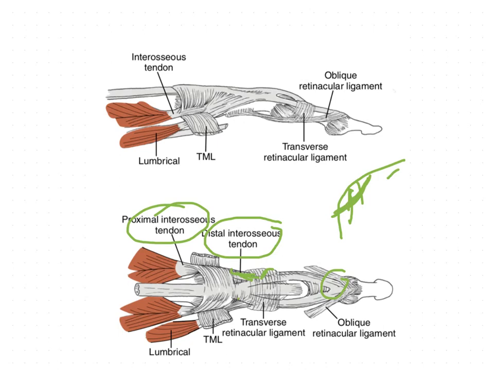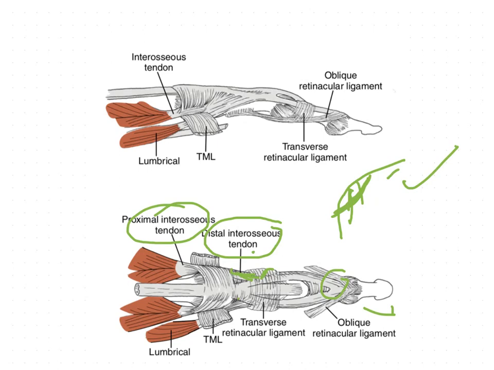Okay, so the IP extensor function of the distal interossei appears to be more effective in MCP flexion than in MCP extension.